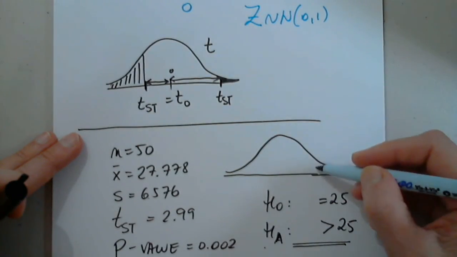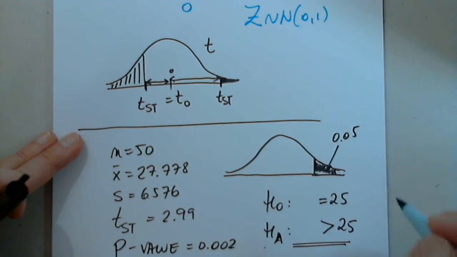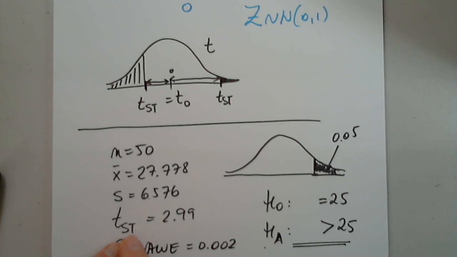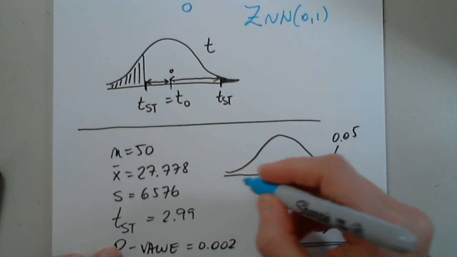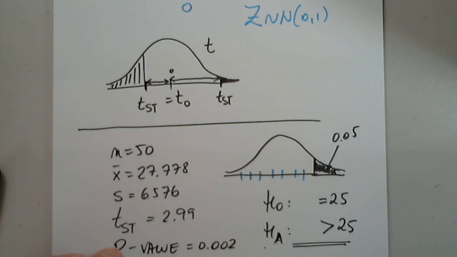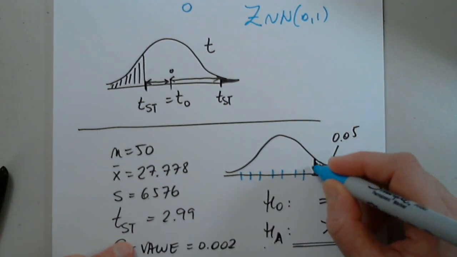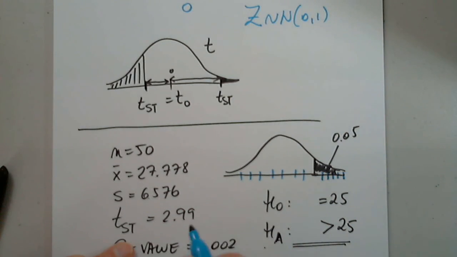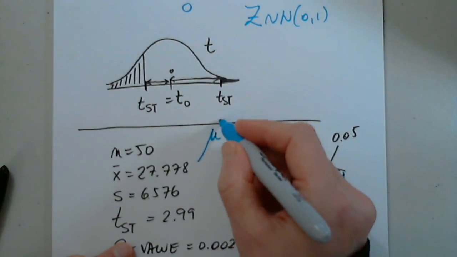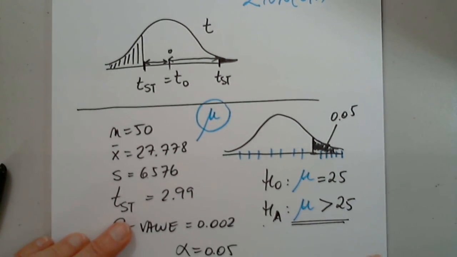So it's a one-tailed test right here, this being alpha, 0.05. If the test statistic is anywhere here, fail to reject. If the test statistic is anywhere in the rejection area, reject the null hypothesis. Of course, the parameter we are looking at is mu. We're talking not about proportions, but the population mean.